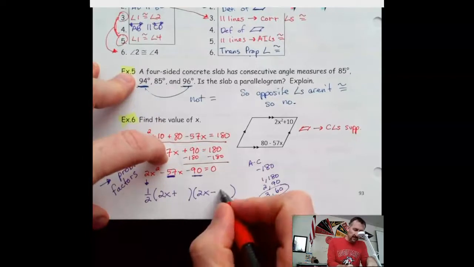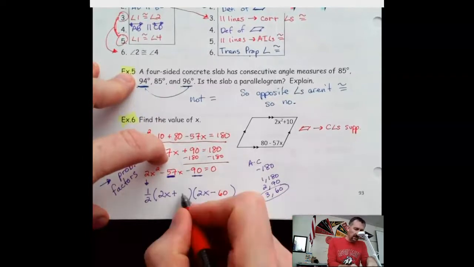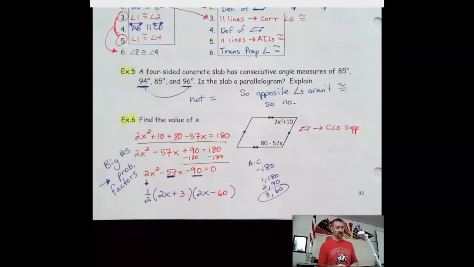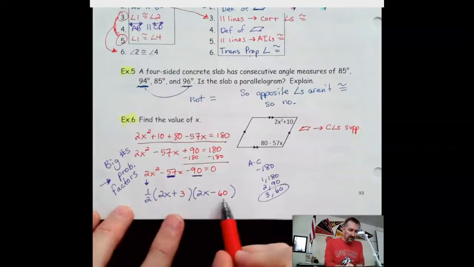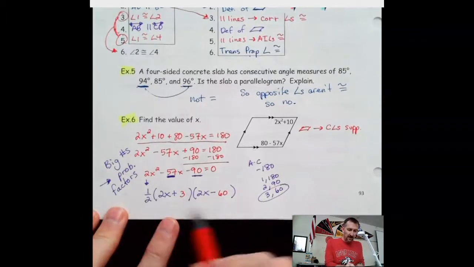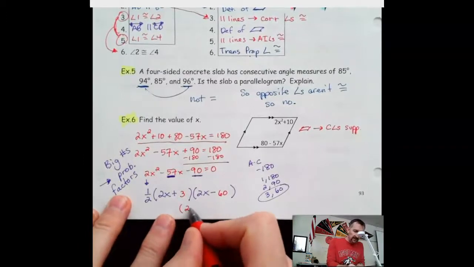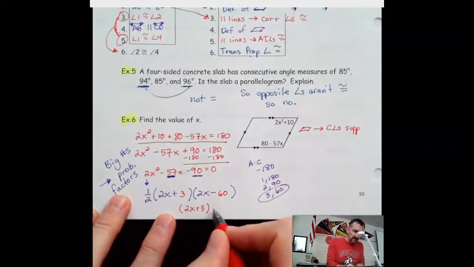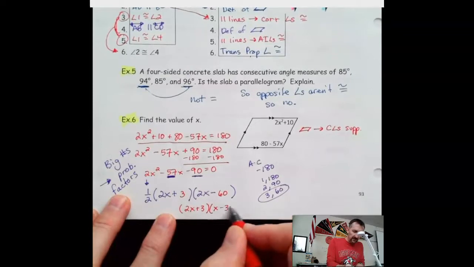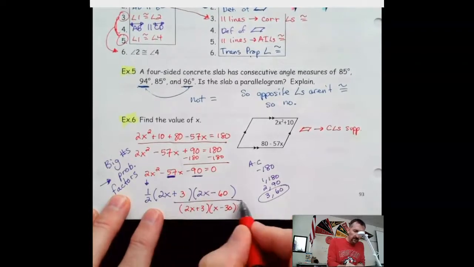So this is going to be negative 60 and positive 3. All right. So we need to factor out a 2 here to cancel that 1/2 out. So if we factor out a 2, then our final answer is 2x plus 3 and x minus 30.